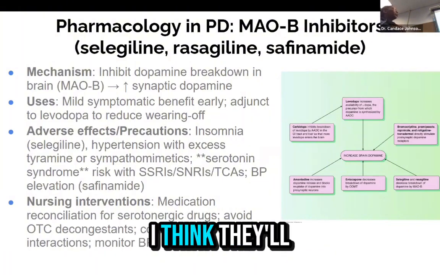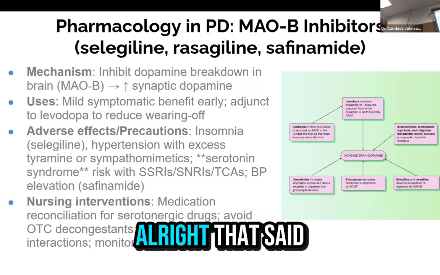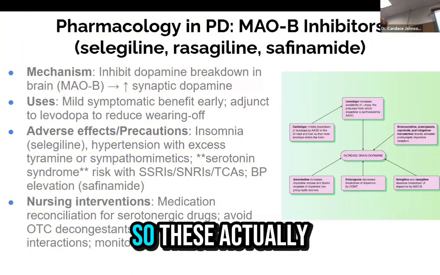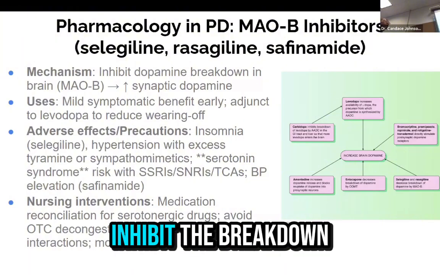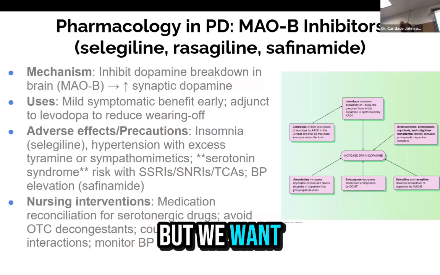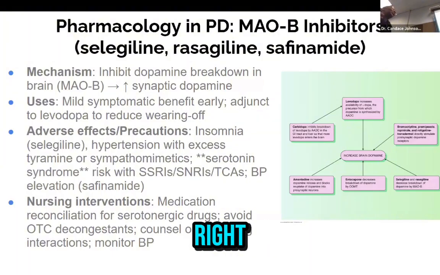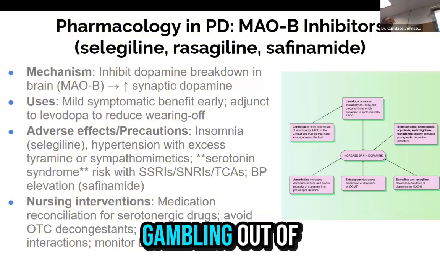The -alines, I think they'll hold up pretty well as MAO-B inhibitors and a good suffix to rely on. All right. That said, so these actually inhibit the breakdown of dopamine. All right. We want dopamine, but we want it in levels that are not too much, right? Because we don't want our patient gambling out of the blue.